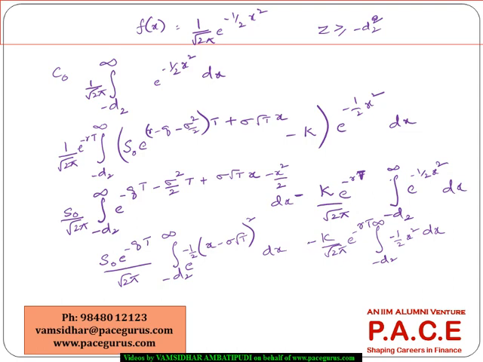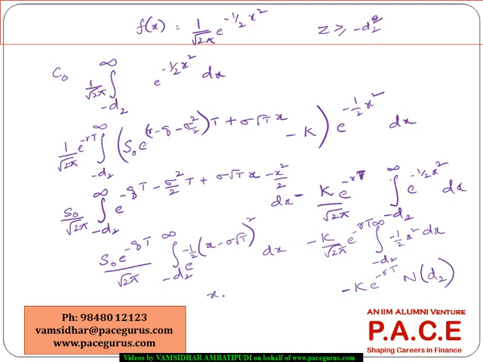Now frankly speaking, this part, k times 1 by root 2 pi into the integral from minus d2 to infinity of e to the power of minus half x squared, I can very well write as k e to the power of minus rt N of d2. Because this entire thing directly works out to N of d2.